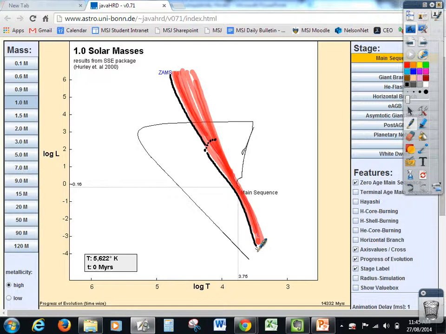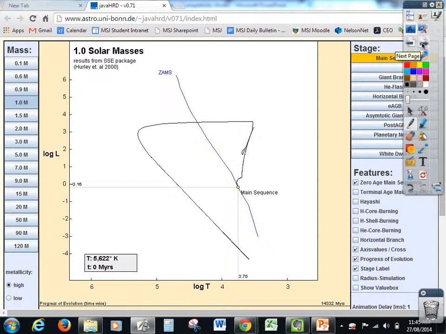It doesn't show them physically moving. It just shows how their brightness changes with time. Okay, so that's the first thing. I'm going to also put on the other edge of the main sequence, called the terminal age main sequence, TAMS. That's the edge of the thickness on the other side.